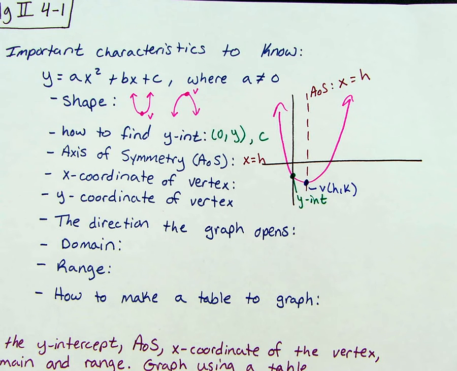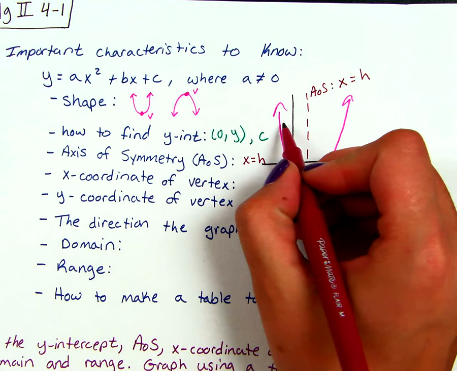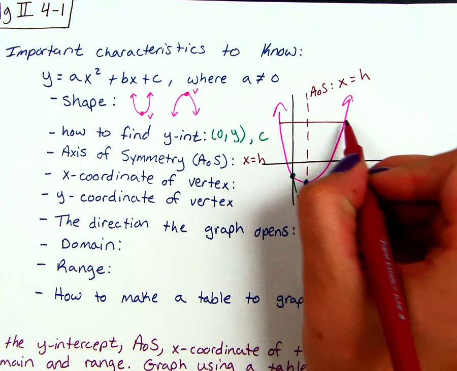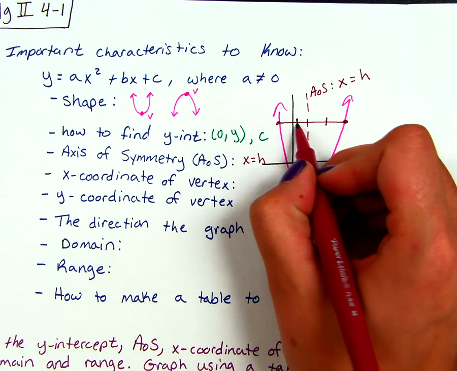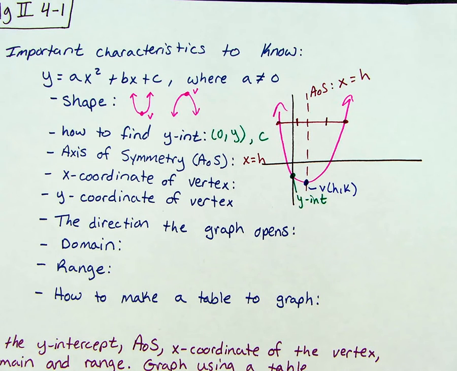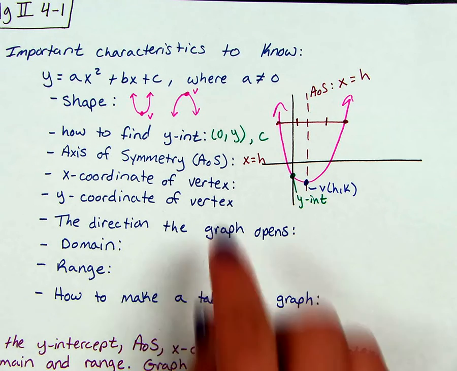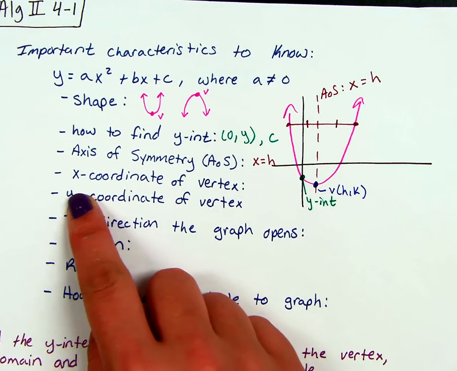Okay. Now again, it's also important to note that our U shape is always symmetrical. So if I draw a horizontal line here, these 2 points have to be the same distance away from wherever that axis of symmetry is. Okay, and again, we've already talked about the x-coordinate of the vertex.